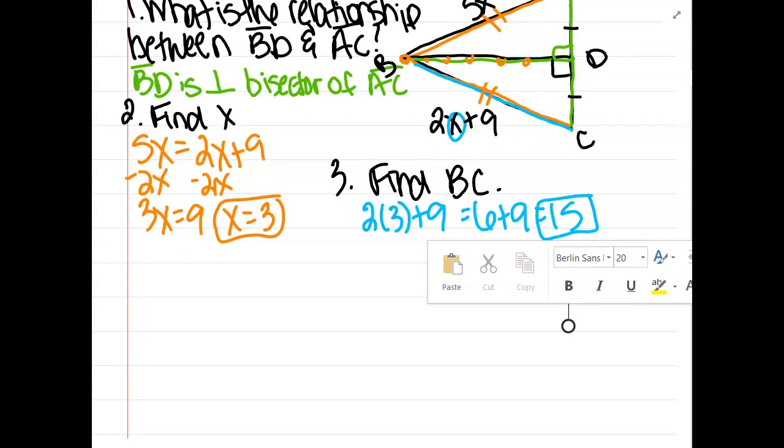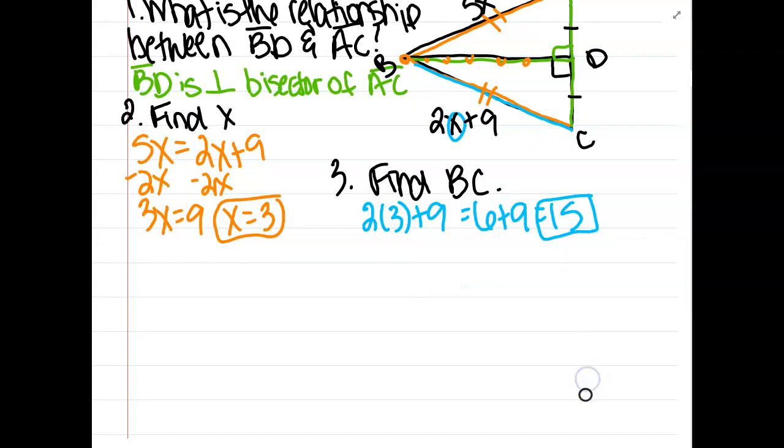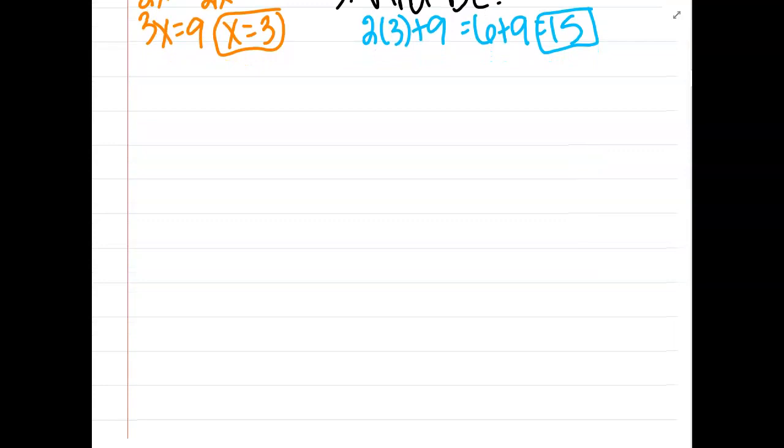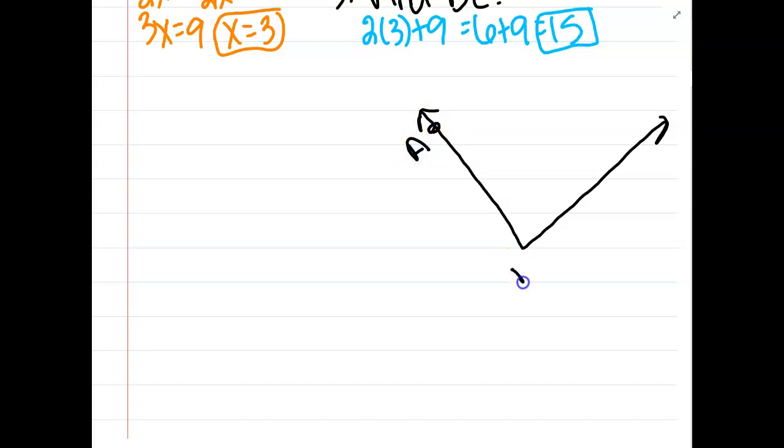All right, another picture here. So we're going to have this big angle, and this big angle is going to be angle ABC, and then we're going to have this ray here with point D on it.